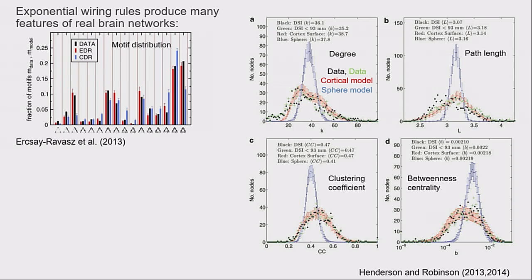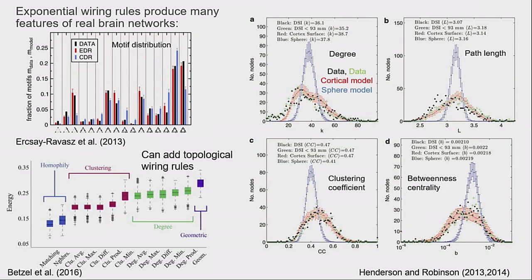And again, mentioning those hierarchies of models, Rick Betzel, who you'll be hearing from later, has looked at what happens if you say: having these geometric constraints gets you a lot of the way to the brain, but it's still not a perfect brain, right? The brain's still more complex than that. If you want to do better, you add another rule: nodes try to attach to nodes with similar connectivity profiles.